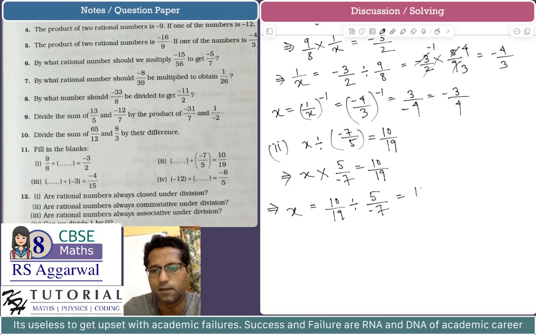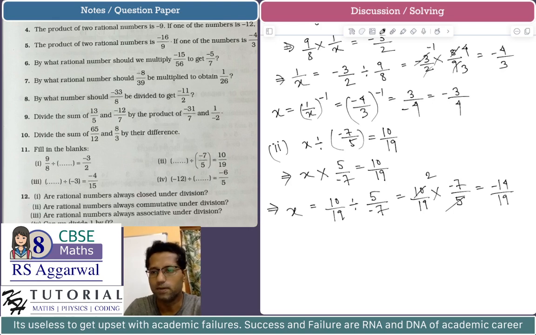This is equal to 10 by 19 multiplied by minus 7 by 5. If you do cancellation, this is minus 14 by 19. So x is equal to minus 14 by 19.